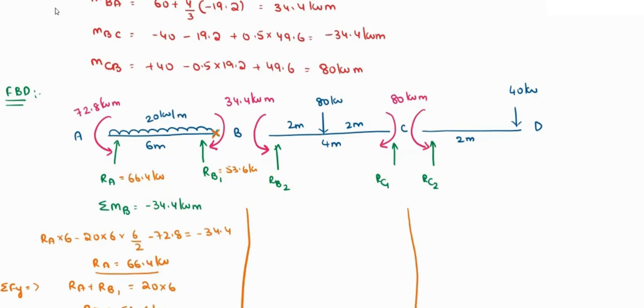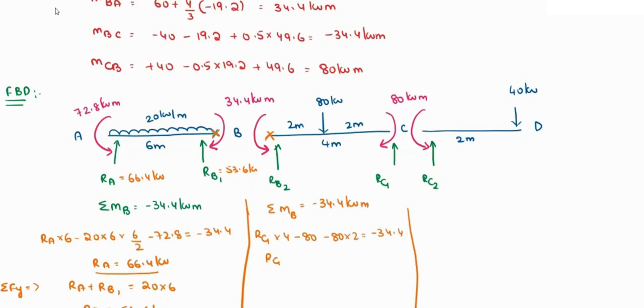So next, for this span, sigma MB will be equal to, about this point only we are considering, again the hogging moment, so that is minus 34.4 kilonewton meter. That means RC1 into 4 minus 80 into 2 will be equal to minus 34.4.